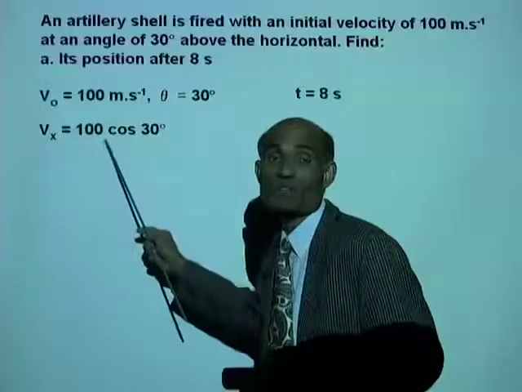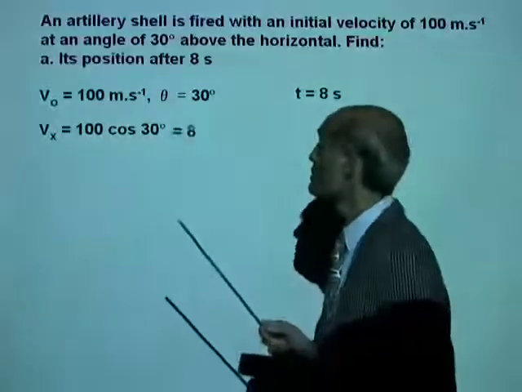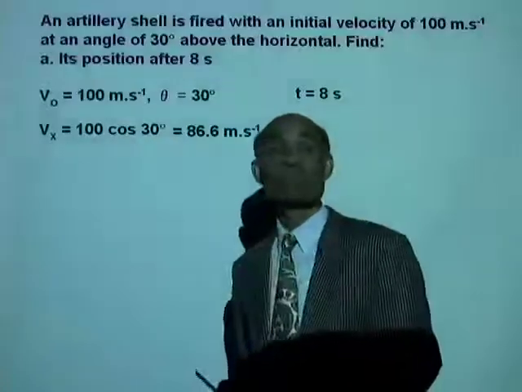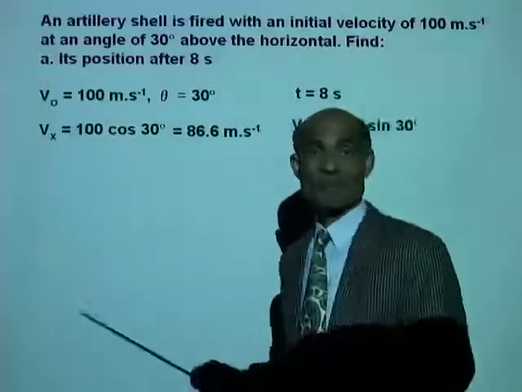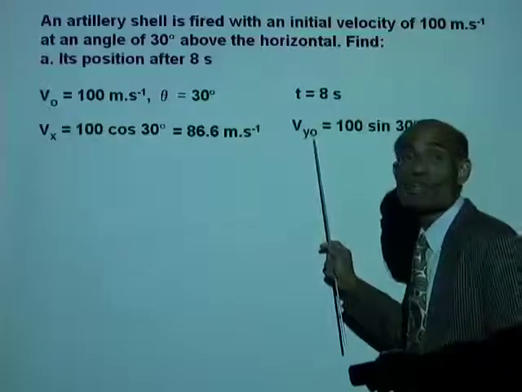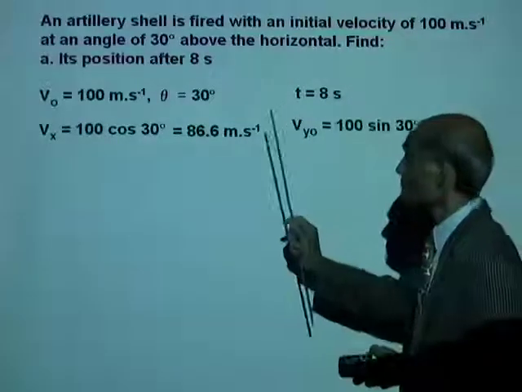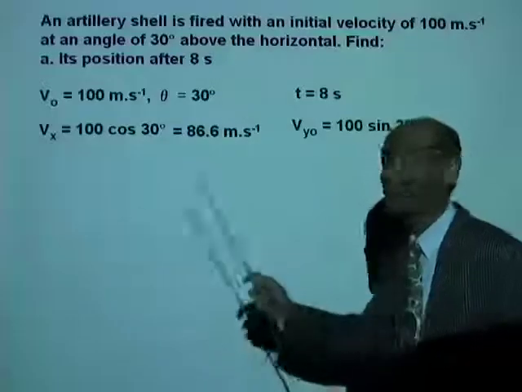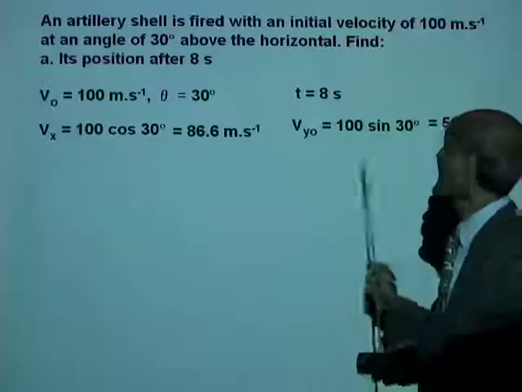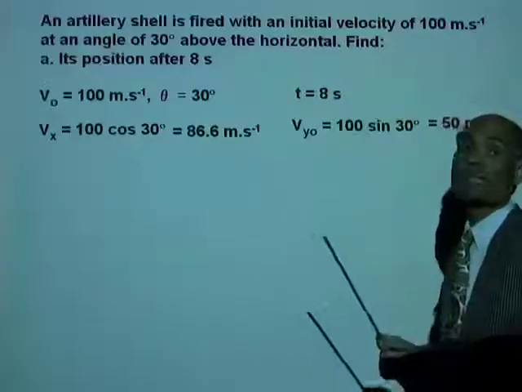Vx equals 100 cos 30 degrees, which is 86.6 meters per second. Vy0, the initial vertical velocity, is V0 sin theta, 100 sin 30 degrees, and that is 50 meters per second.